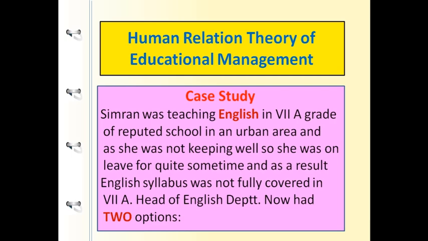Because of the health problems, she was on leave for quite some time, and as a result, the English syllabus was not fully covered in class 7th A. The head of the English department took note of the situation.